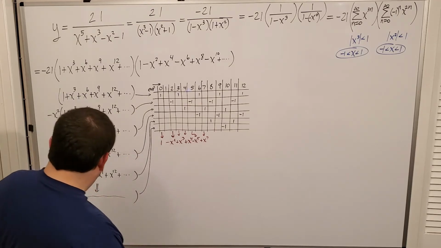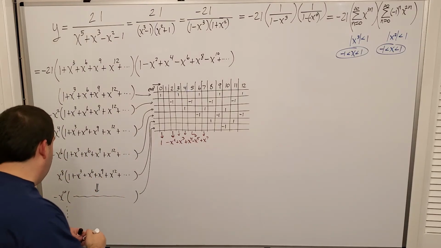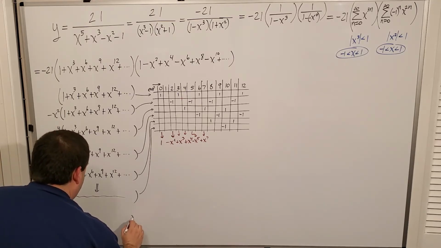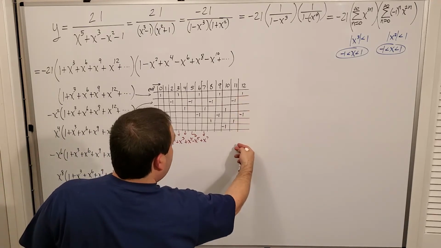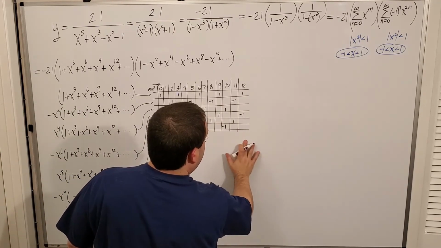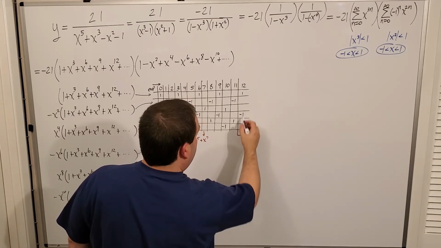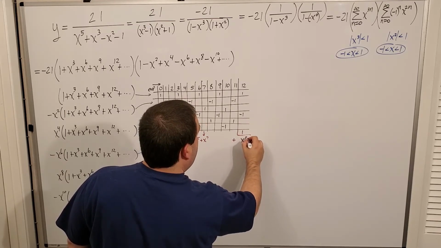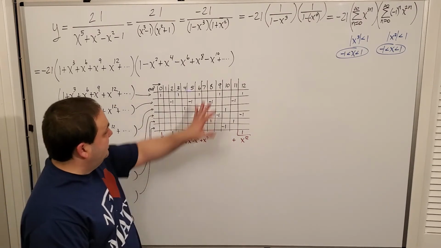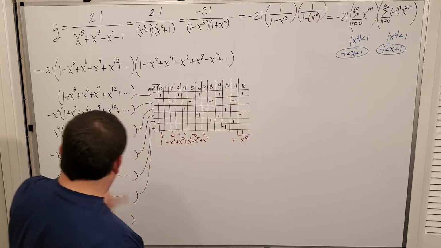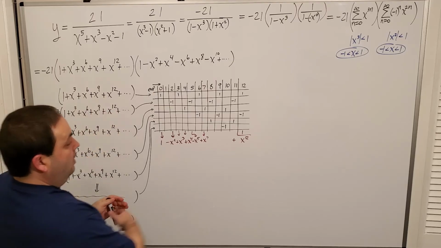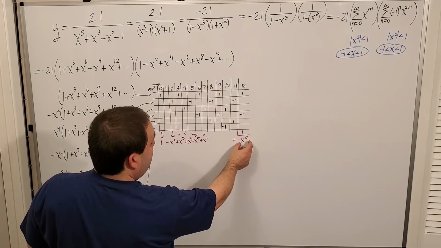But wait a second. The very next multiplication would be x to the 12, okay, times all of the stuff. Which means right underneath here there would be a rebirth, okay, with the x to the 12. There would be another right here. So the very next term would be x to the 12th. But what you need to see is that since these all wiped out in a big large group, it's like I'm starting over up at the top with a new group, but with x to the 12. Okay?